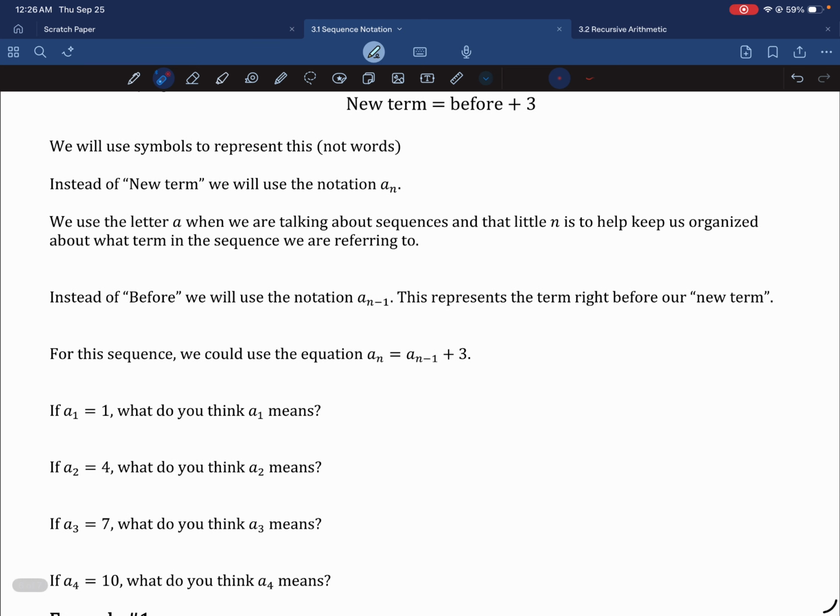Then, if I have something that, like an A, that doesn't have an n on it, like a sub 1, what do you think a sub 1 means? Okay. Well, if a sub n means the new term, then more specifically, a sub 1 is the first term, okay? So a sub 1 is the first term.